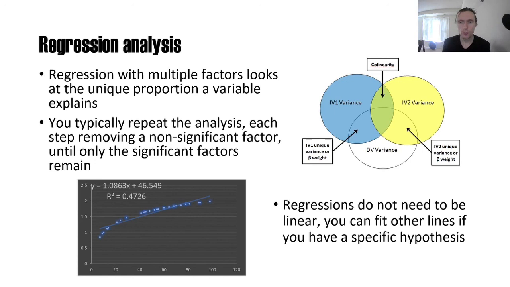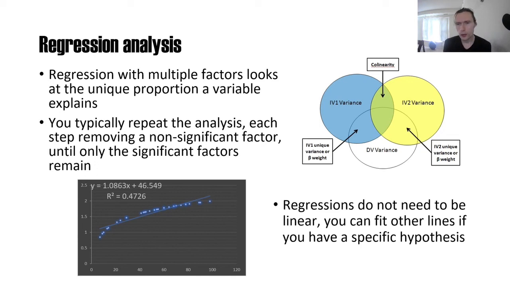But most studies that use a multiple regression analysis throw in, let's say, 5 factors. They see that 2 of them are not significant. Then they take out the one that is least significant. Then they redo the analysis with 4 factors. Then they still see that another factor is not significant. Take that one out as well, and then remain with 3 factors that all explain the dependent variable.